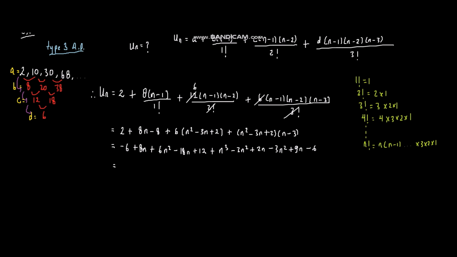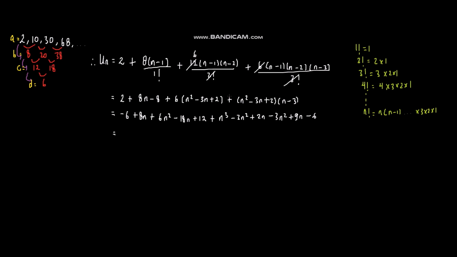I'm just going to mark them. I normally mark the terms that I've combined in order to not miss anything. Okay, so let's do the n to the third first. There's only one n to the third, right? So we've taken care of that.